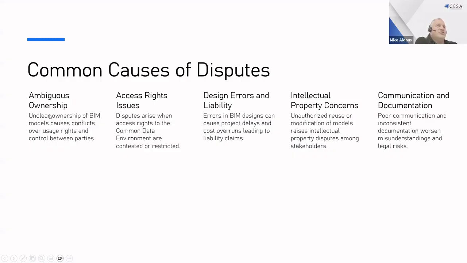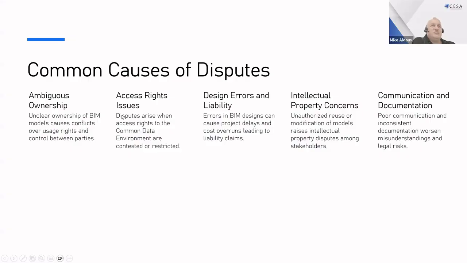You're essentially handing over a huge chunk of intellectual property into a common data environment to be shared for the benefit of the project. But at the same time, you also need to cover yourself in terms of protecting your own rights to your intellectual property. So these are things that need to be defined up front.